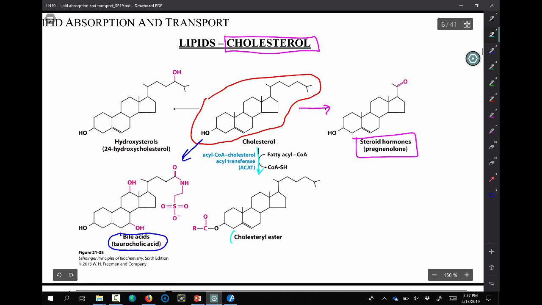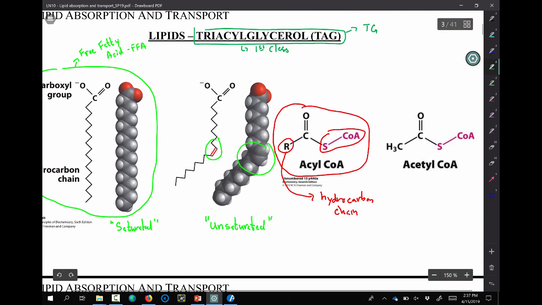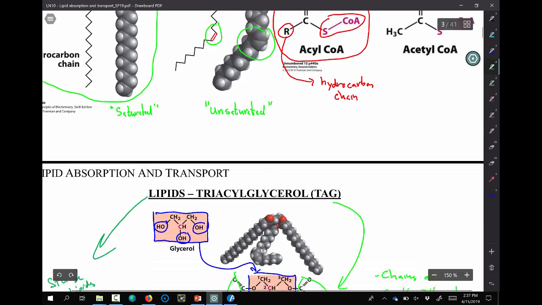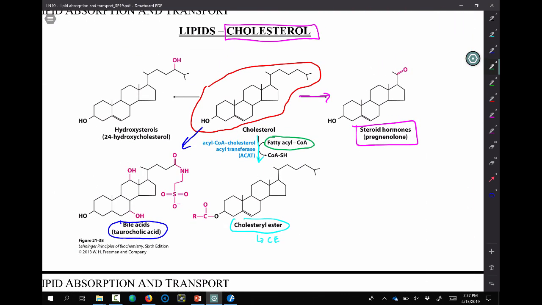The production of what's called a cholesterol ester, or CE is how it is abbreviated. Cholesterol esters, okay, are made by taking one of those fatty acyl CoAs, or an acyl-CoA. So we've come back up to here. Acyl-CoA. Take one of those, okay, and put that acyl group on the hydroxyl of cholesterol, and you've got a cholesterol ester.